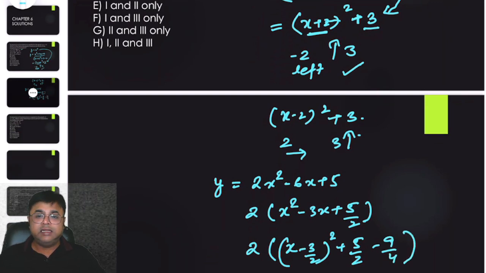Now here the transformation is not just translation, that is, movement along the x-axis or y-axis, or movement of the graph right, left, up or down. It also has a factor of 2, which is called dilation.